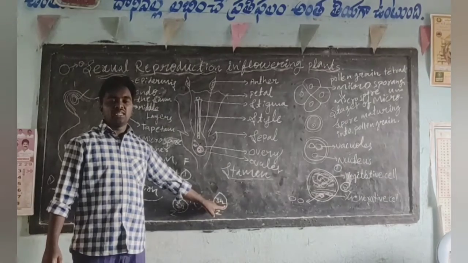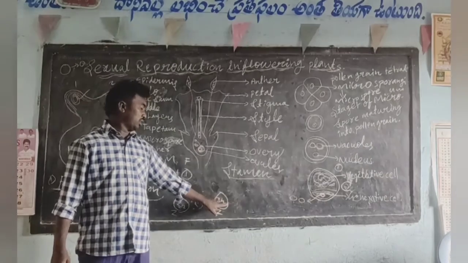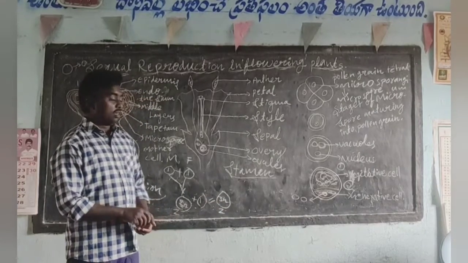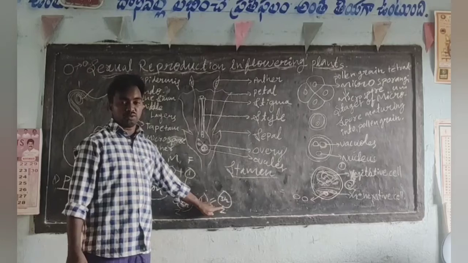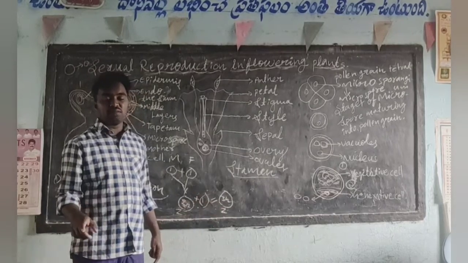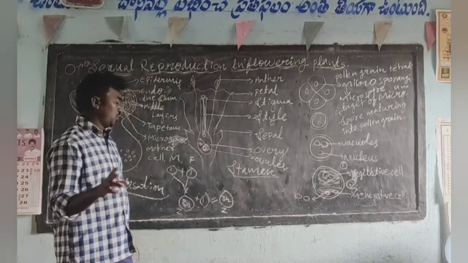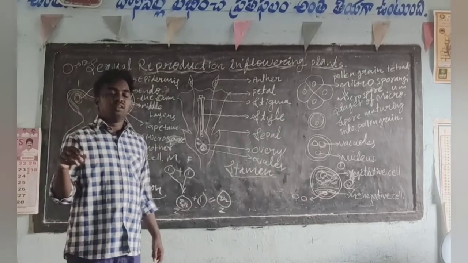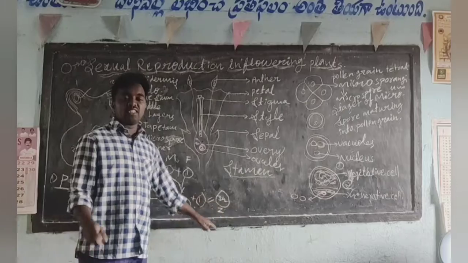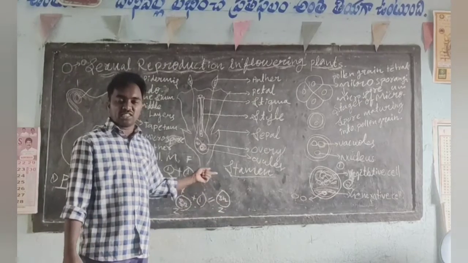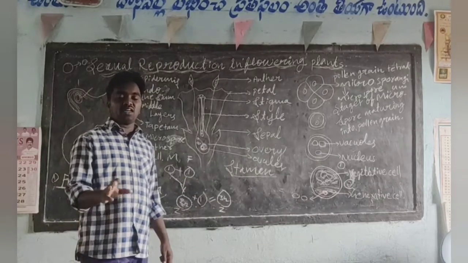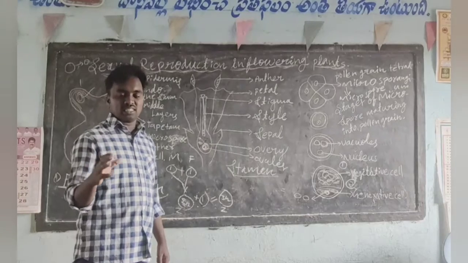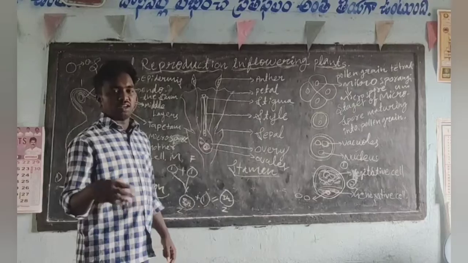This is called a triploid zygote, and this is called triple fusion, which means three nuclei present in a single cell. This is the fertilization. Okay, then after that, the post-fertilization processes we will discuss after the class. Okay, thank you.